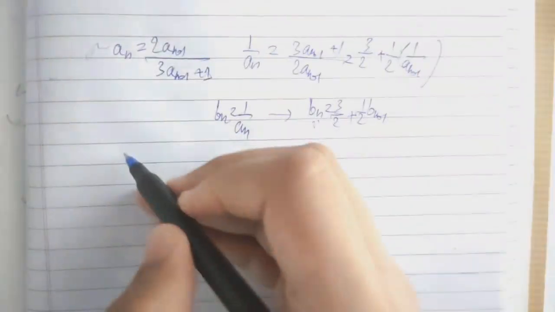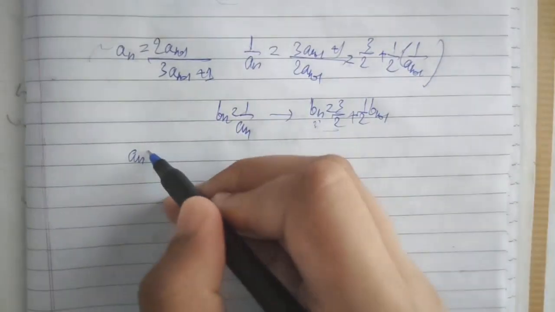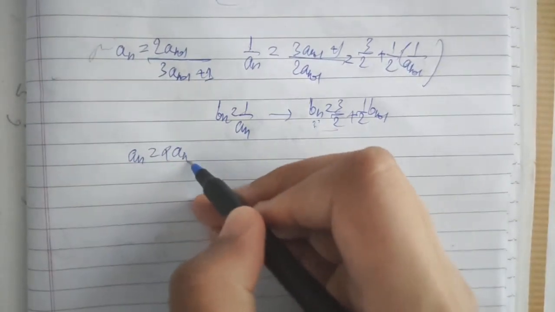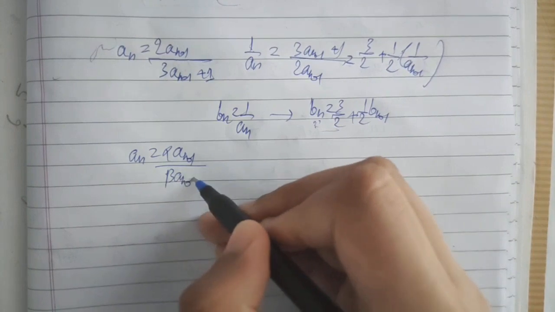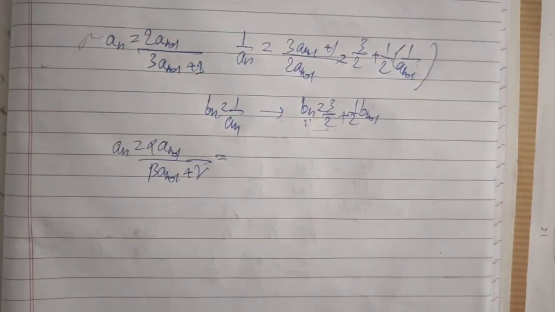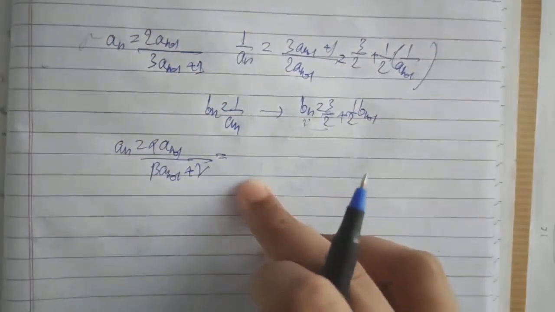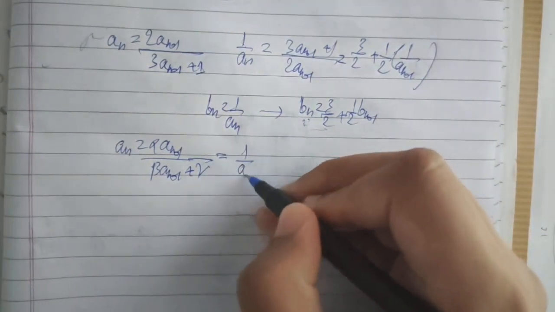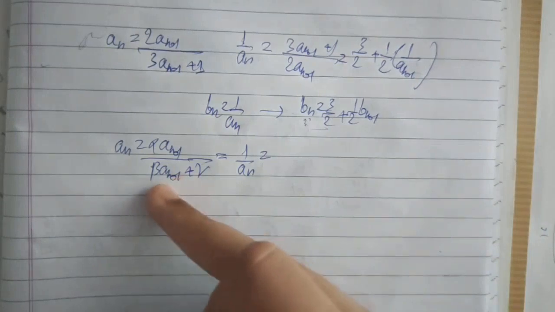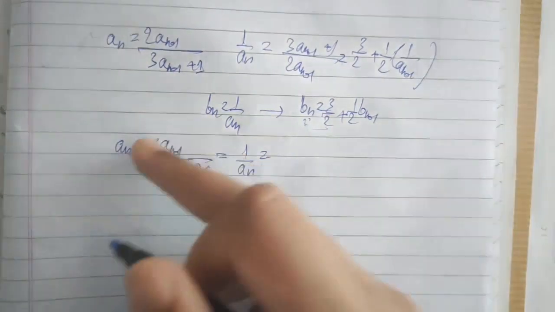So in general, if we take any recursion like an is equal to alpha a(n minus 1) over beta a(n minus 1) plus gamma, and you do the same procedure, reciprocate and some algebra, you will eventually get 1 upon an is equal to this in the numerator and this in the denominator.